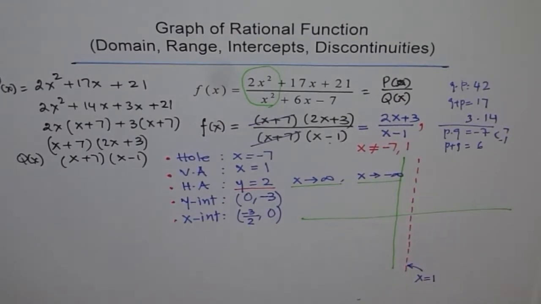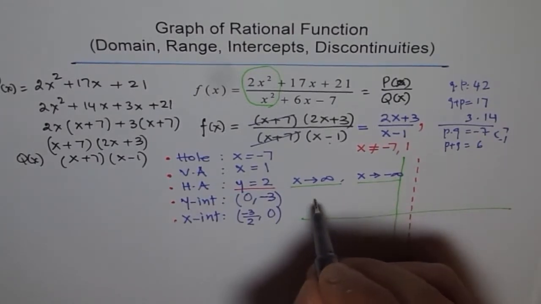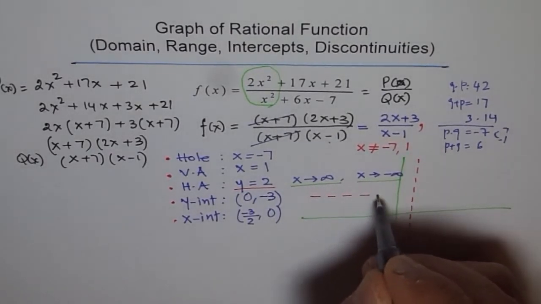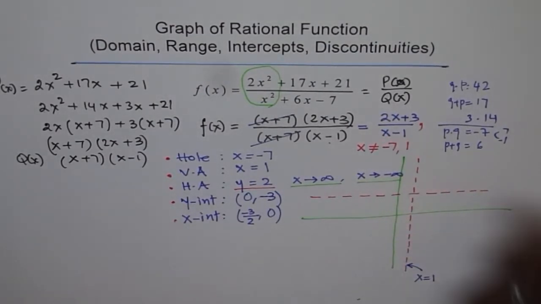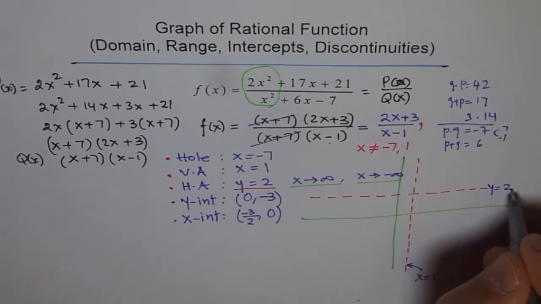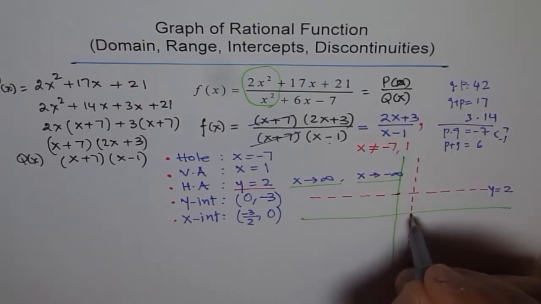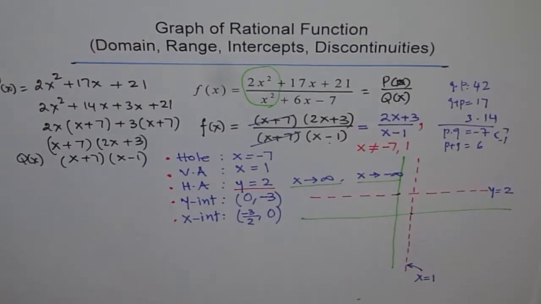Then the second thing which I should always sketch is the horizontal asymptote. So the horizontal asymptote is y equals 2. So let's say this is my y equals 2, okay? That is my y equals 2 horizontal asymptote, right? So this point is 2 for me, this point is 1 for me, correct?